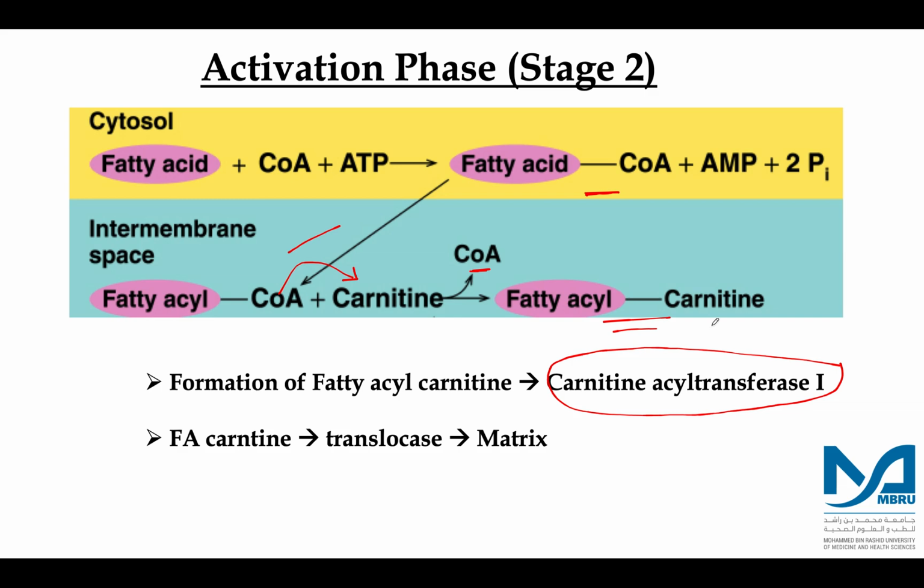So at the end of this step, we have fatty acyl carnitine. The fatty acyl carnitine now has to go inside through the inner membrane inside the mitochondrial matrix. So there is a particular enzyme called translocase which helps in the migration of this fatty acyl carnitine from the intermembrane space inside the mitochondria into the matrix.